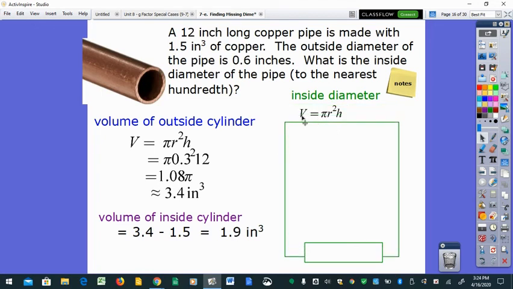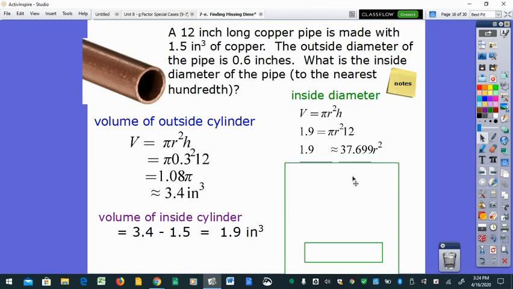My volume is the 1.9. My height is still the 12. And I'm looking to find what is the radius of the hole. I'm going to take the 12 times the pi. It's about 37.699. I'm just keeping a bunch of places here while I'm working. I'm going to divide both sides by that 37.699.